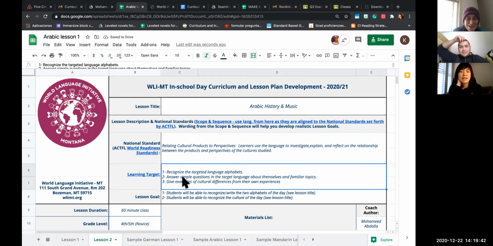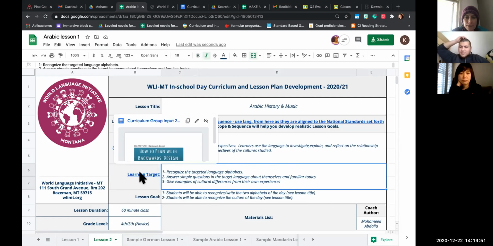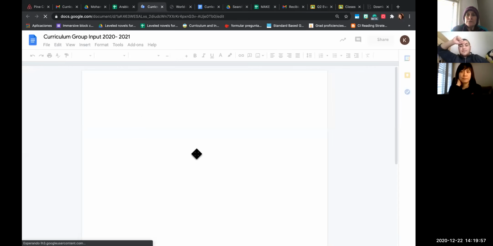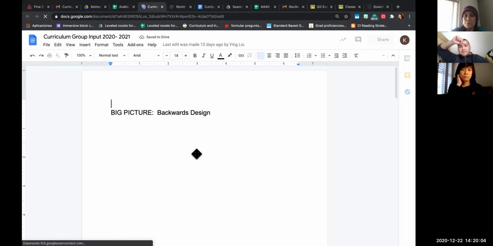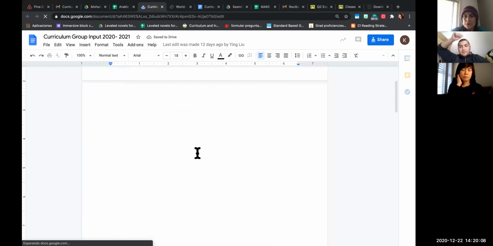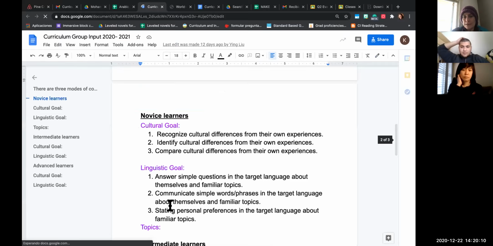Okay, so you want to keep number 2. Do you want to keep anything else? Did I write those or did I get them from the learning targets? I don't know. So are we supposed to copy the same learning target? Yep. Ideally, this one is a cultural lesson, it sounds like. You may have a cultural goal and a linguistic goal, but you don't have to have both.